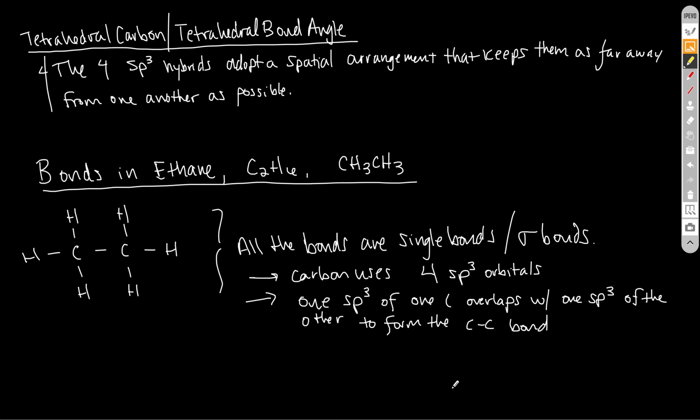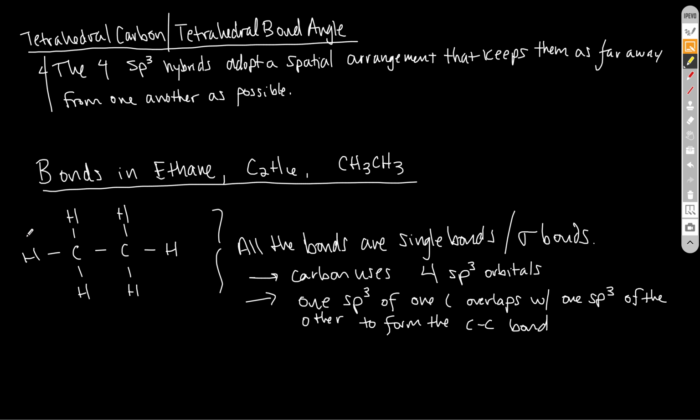Great. So let's talk a little bit about the tetrahedral carbon and the tetrahedral bond angle. So the 4 sp3 hybrids adopt a spatial arrangement that keeps them as far away from one another as possible. We know that electrons all have the same charge and similar charges repel. So let's talk a little bit about the bonds in ethane, C2H6, or as represented here, CH3CH3.